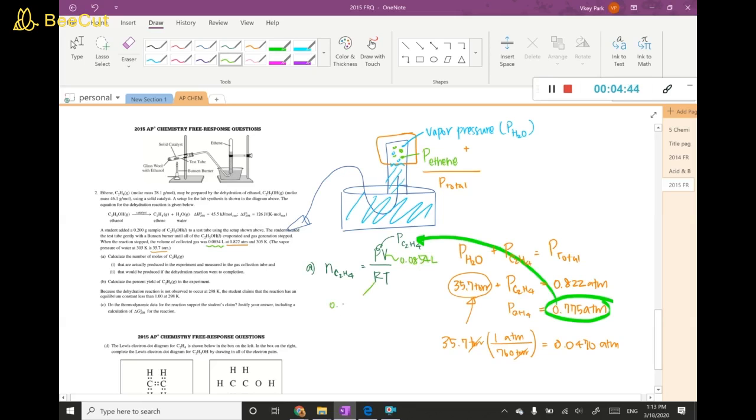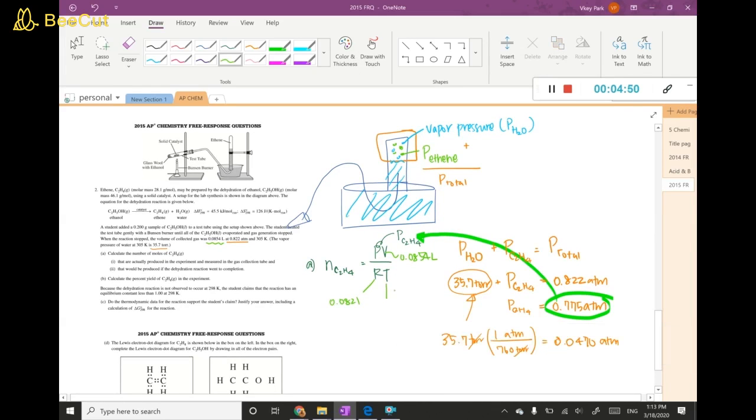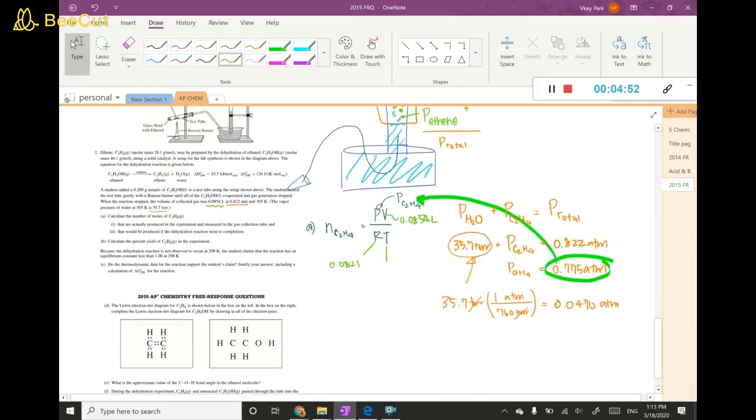R is a gas constant, must be memorized, 0.0821. Okay, and temperature is going to be right here, 305 Kelvin. And then if I do the math, I end up with 0.00264 moles of ethene. And that is my answer to A1.